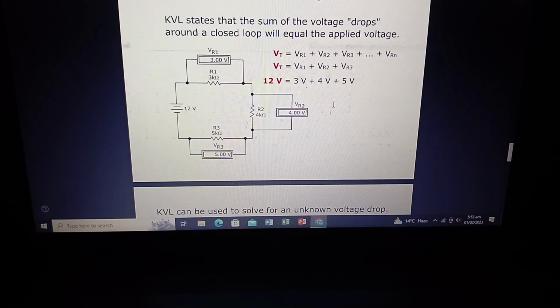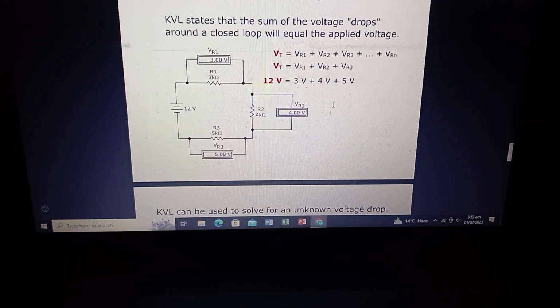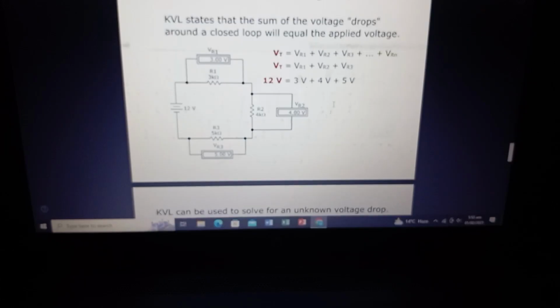We find three voltages across the three resistors. Across resistor 1 the voltage is 3 volt, across the second the voltage is 4, and across the third resistor the voltage is 5, and the sum of these three is equal to 12 volt, and KVL is here proved.